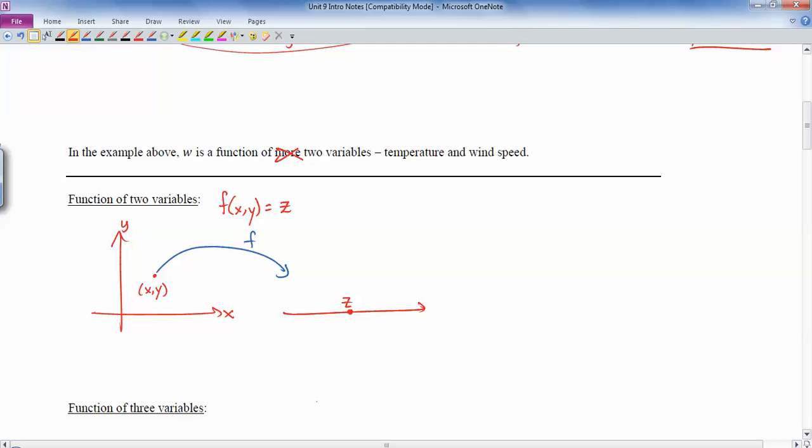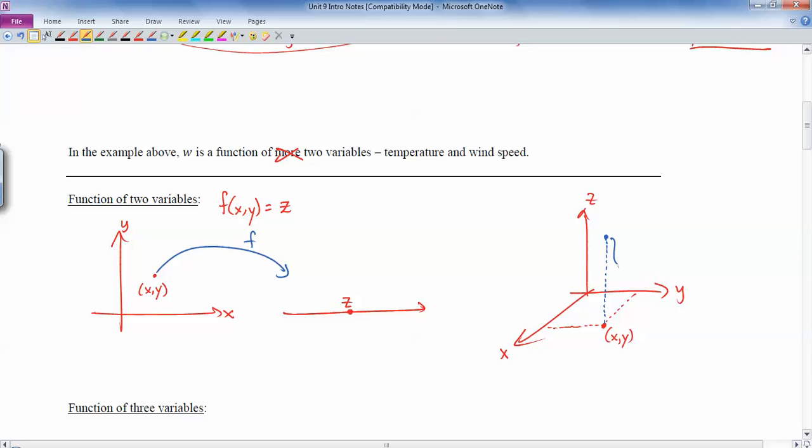Okay. Sometimes you see it represented a little differently, where here's the x and the y-axis, and here's the z-axis, the same way that we've been doing it in class a lot. And so in this case, you have some point in the xy plane, x comma y, and then you plug that into f, and you get some value, and that's kind of like the height there.